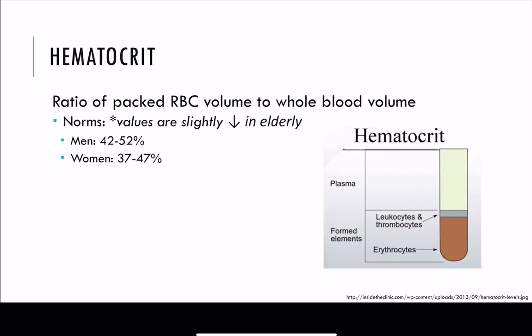The second value that often gets reported together is hematocrit. So we often talk about H and H, hemoglobin and hematocrit. Hematocrit is the ratio of packed red blood cells to the whole blood. Kind of like saying what percentage of blood is the cells. So hematocrit can be a little bit more helpful to assess blood loss and fluid balance.